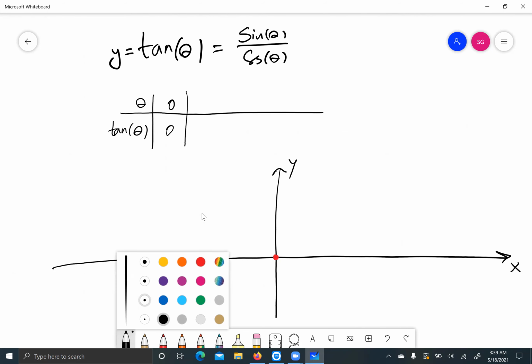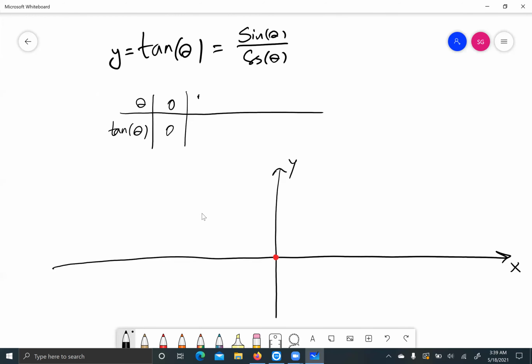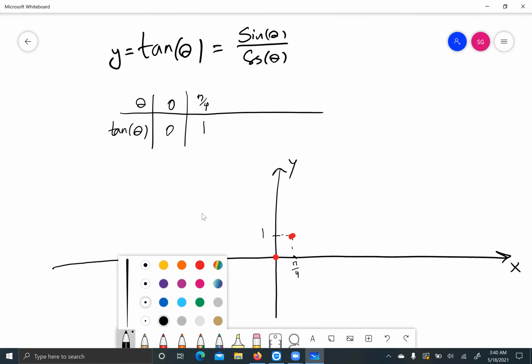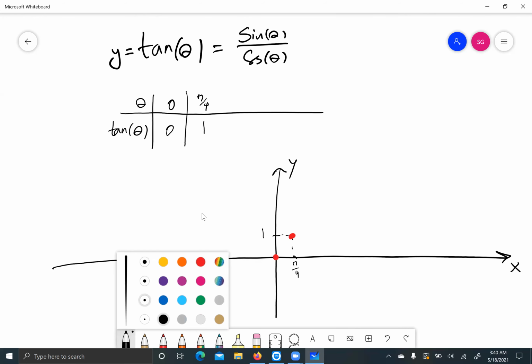What else? Let's look at, for example, pi over 4. At pi over 4, sine and cosine are the same value, so when you divide them, you get 1. So at pi over 4 it is 1, and that gives us this point. As you increase the angle, tangent is going to increase.